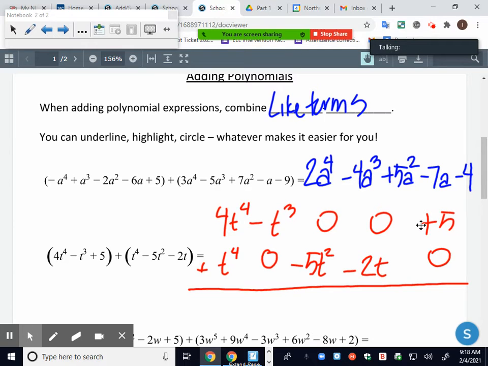Okay? So all we gotta do is put it together. 4 plus 1 gives me 5 t to the 4th power. I don't have any other cubed t's, so that one stays the same. Same with my square, and my regular old t.